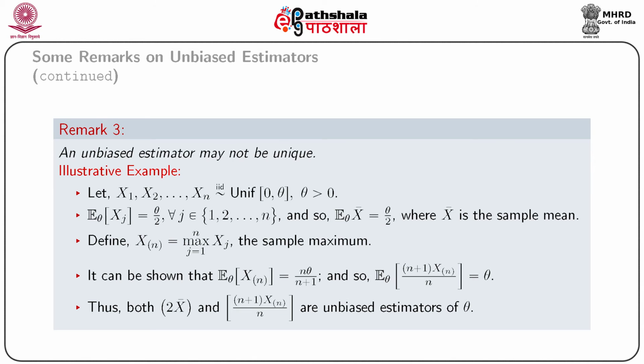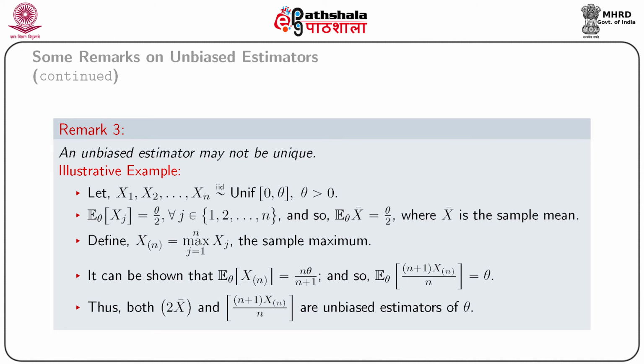Another unbiased estimator of theta in this example can be obtained as follows. Suppose X ordered n is equal to maximum of X1, X2 up to Xn. Then expectation of X ordered n is equal to n by (n plus 1) into theta, and hence (n plus 1) by n into X ordered n is an unbiased estimator of theta.